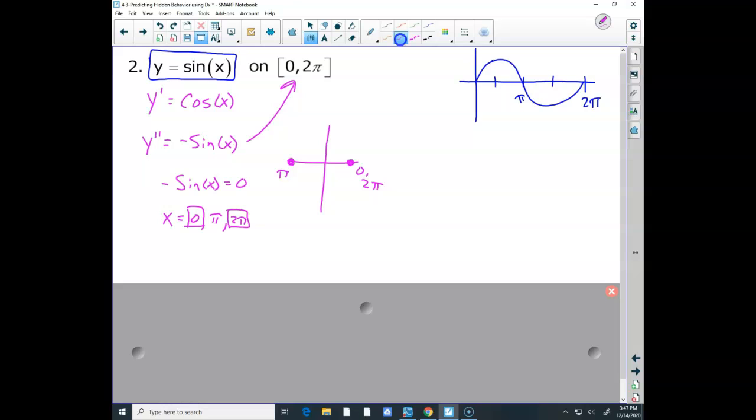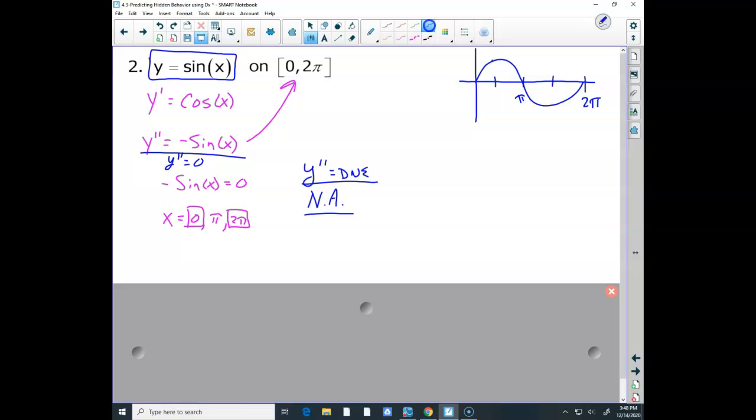So then I also need to picture, I guess I should have backed up, get your mind organized. This is when y double prime equals 0. And I also need to know, when does y double prime not exist? And again, because this is a trig function, they are smooth as silk. They're everywhere. This is not applicable here because the sine exists everywhere.